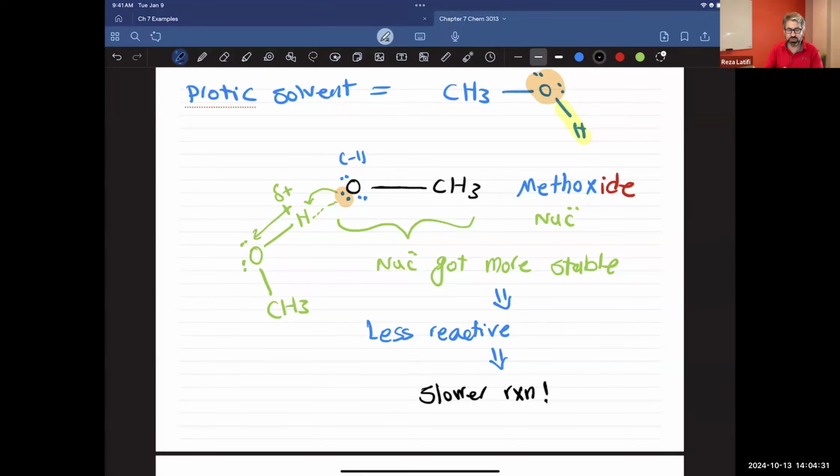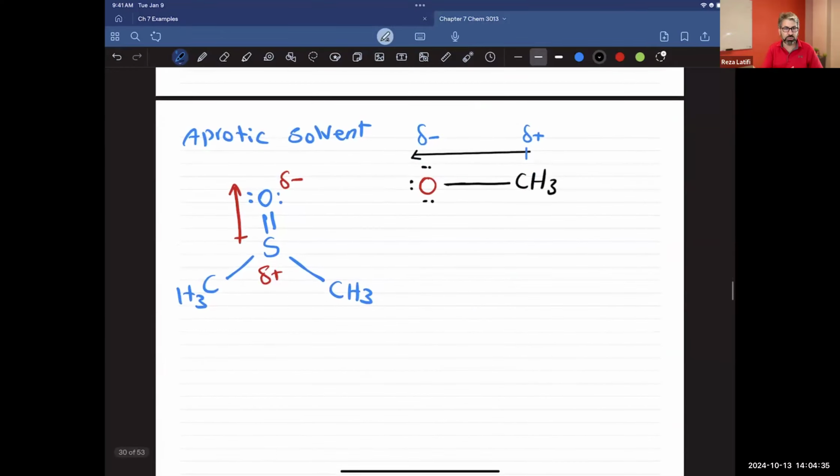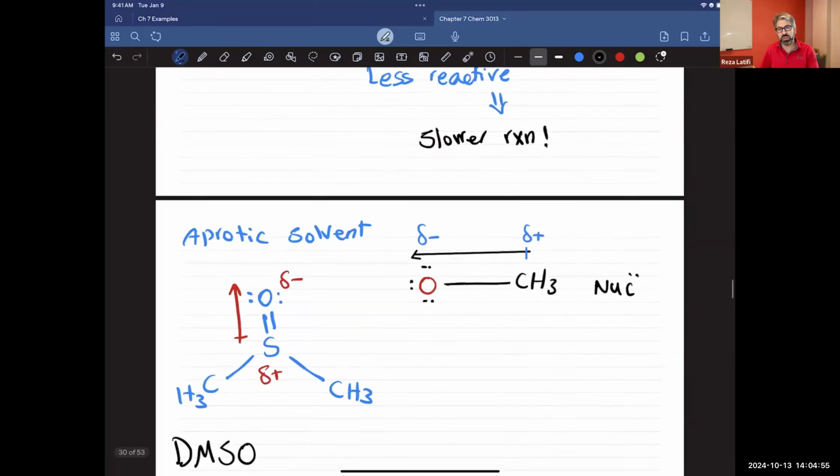Okay, same nucleophile. Let's take it to an aprotic solvent, and for our aprotic solvent, I go with DMSO: dimethyl sulfoxide, with sulfur, and the name for it is DMSO. Now I have the same nucleophile, exactly the same, with a negative charge on oxygen and a positive charge on carbon.